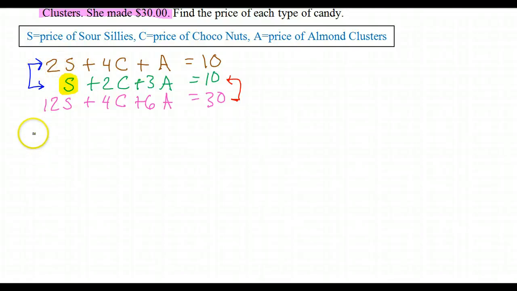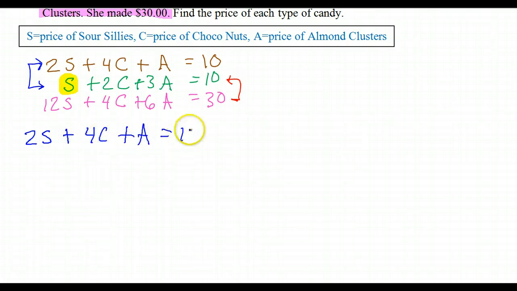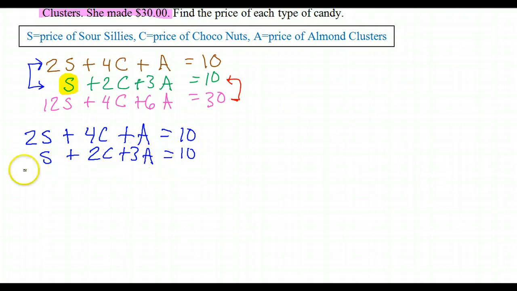So the blue equations are 2S plus 4C plus A equals 10. I just copied that first equation. And S plus 2C plus 3A equals 10. Copied it.